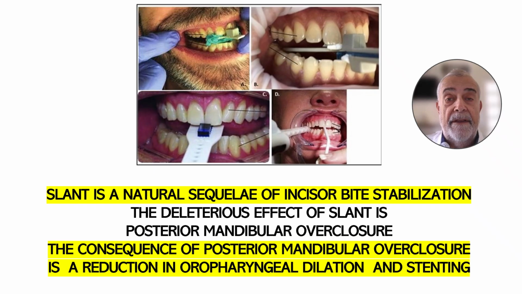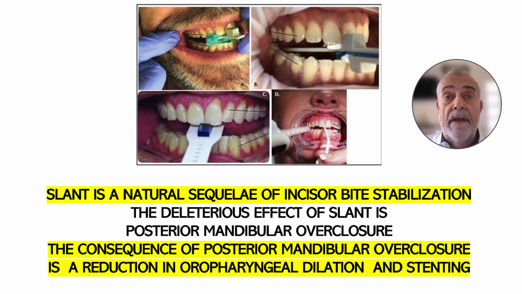The deleterious effect of slant is posterior mandibular overclosure in the back of the mouth. The consequence of posterior mandibular overclosure is a reduction in oropharyngeal dilation and stenting. Look at slant, slant, slant, slant.